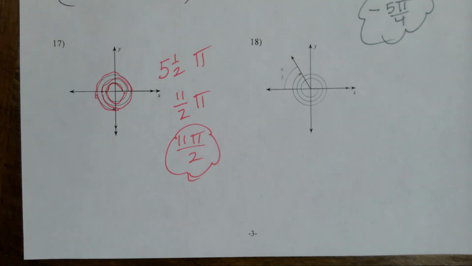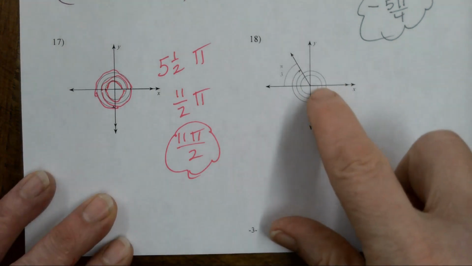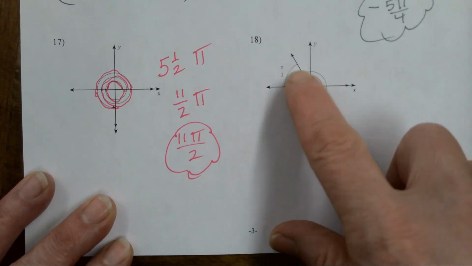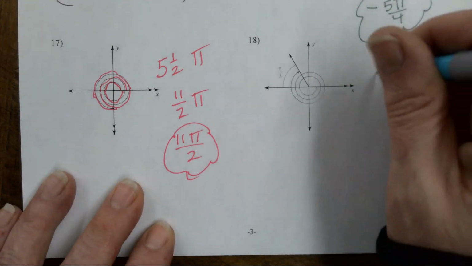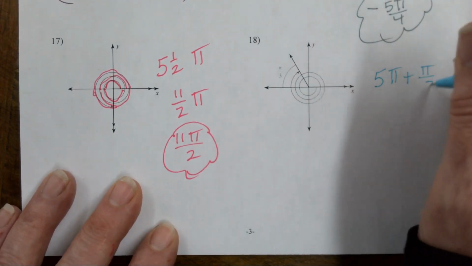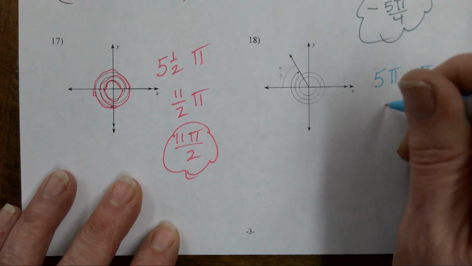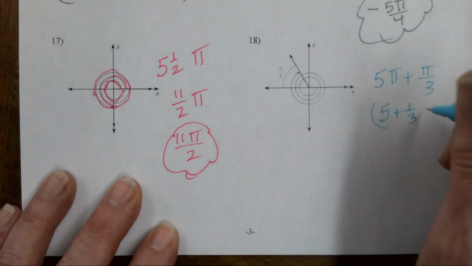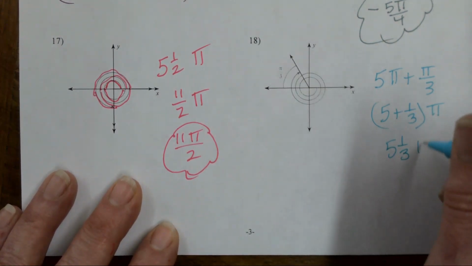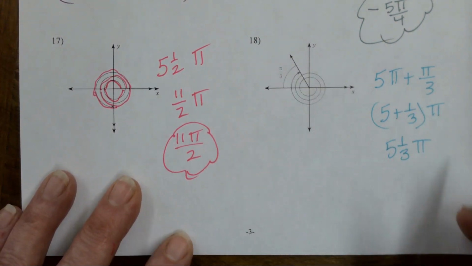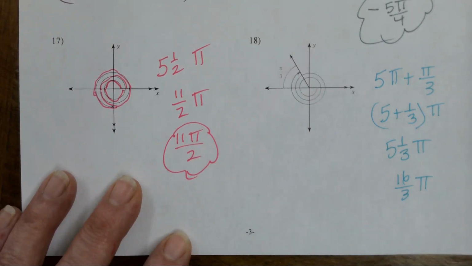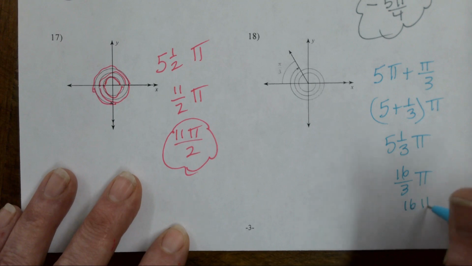Did I count all right? 1, 2, 3, 4, 5, and a third more. So I do 5 pi plus a pi over 3, which is 5 plus 1/3 pi, which is 5 1/3 pi, which is 16/3 pi, which is 16 pi over 3.